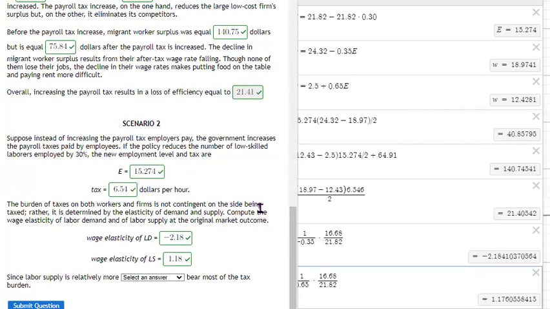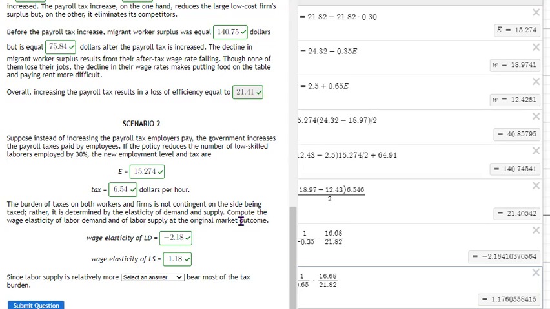Okay. And which one is closer to 1? Labor supply and labor demand are inelastic if these values are between 0 and 1. The bigger the elasticity in absolute value, the closer it is to really big numbers, the more elastic demand or supply is, right?